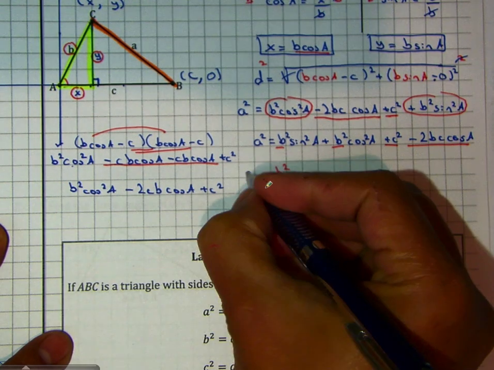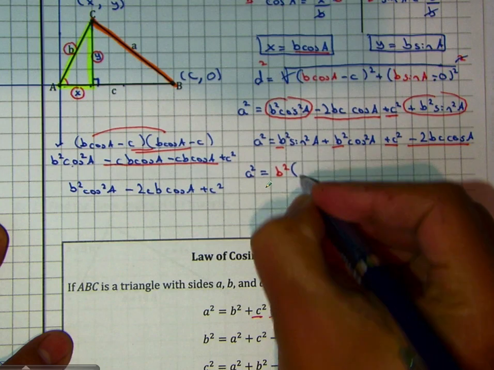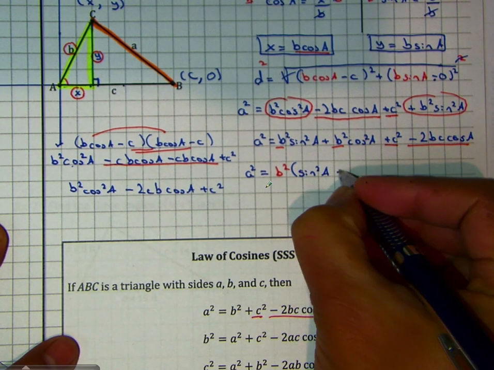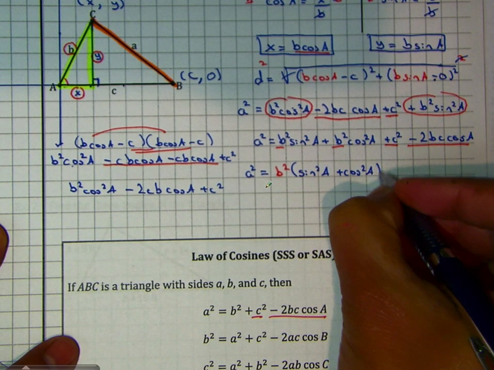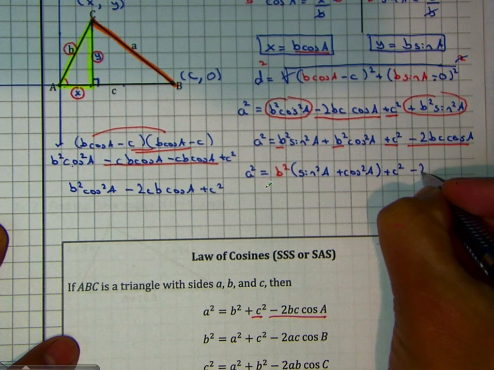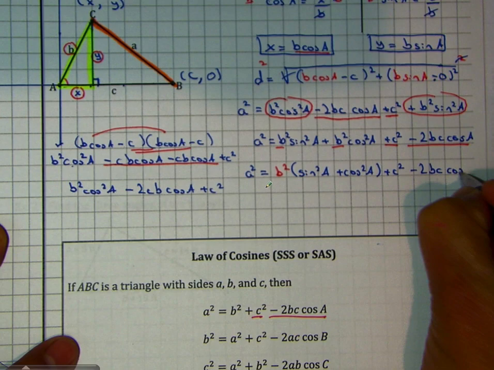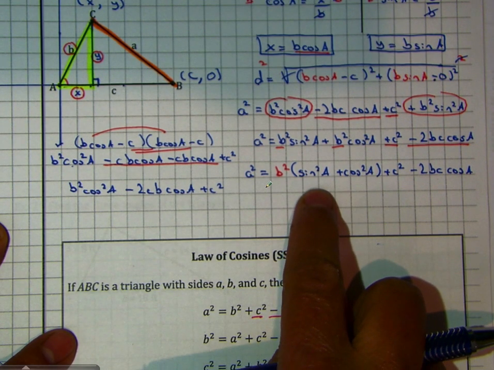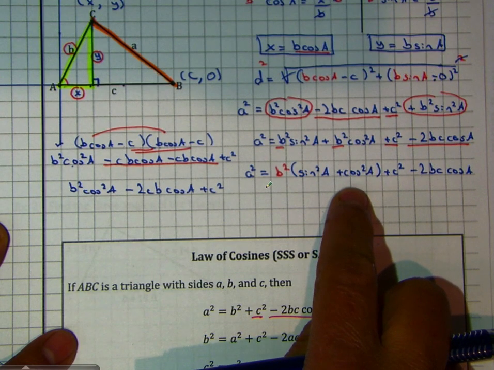So we have a squared equals, factor b squared out, so I end up with b squared times sine squared of A plus cosine squared of A, plus c squared minus 2bc cosine of A. And we know that sine squared plus cosine squared will be 1.